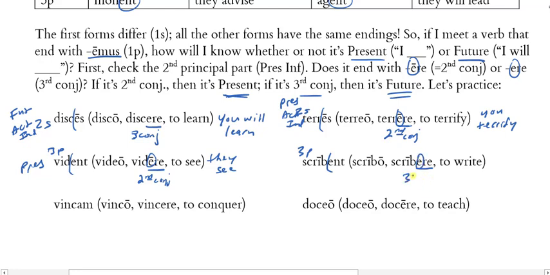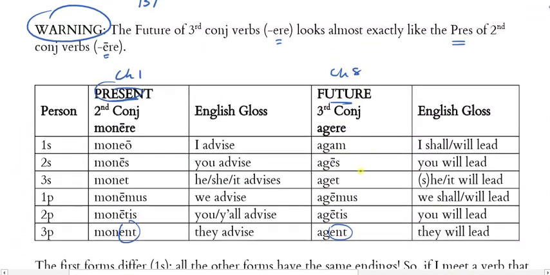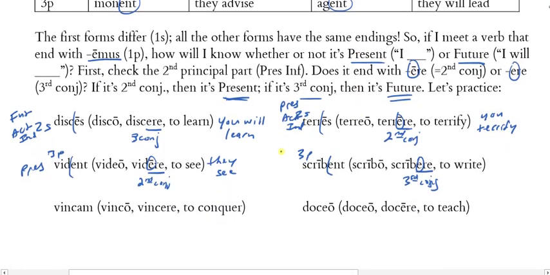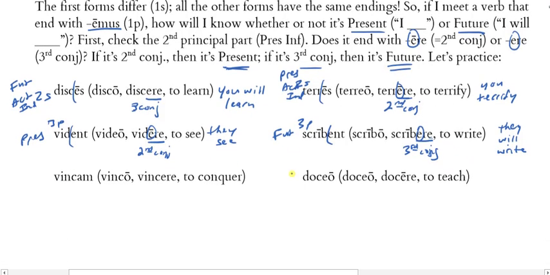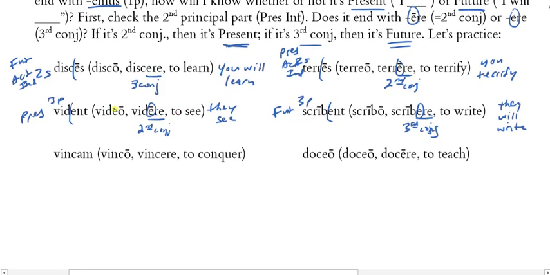That tells me this is third conjugation, and if it's third conjugation, then this is what? Third conjugation with -ent is future, okay? So this is future active third plural. So how am I going to translate that? It's they will write. Okay, well, let's look at the last two. I have vincam, say that's me, vincam.